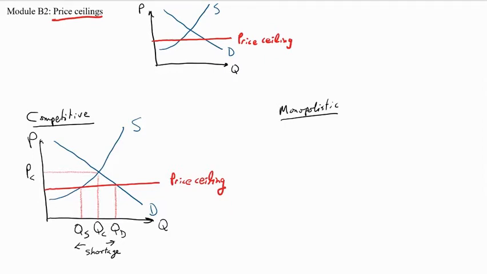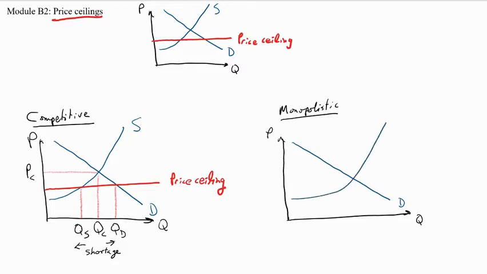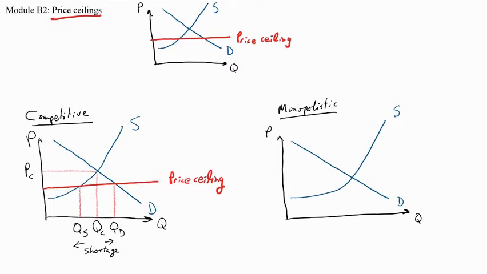Turning now to a monopolistic market structure, we'll set up our basic framework, price and quantity axes, downward sloping demand curve for the buyers, upward sloping supply curve representing the costs for the sellers. It's useful now to start with the market outcome we would have in the absence of a price ceiling.